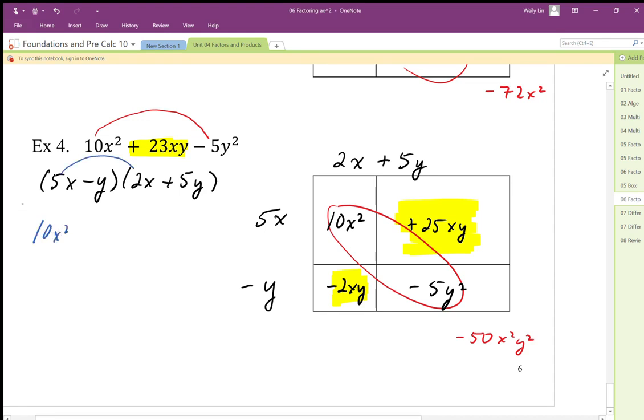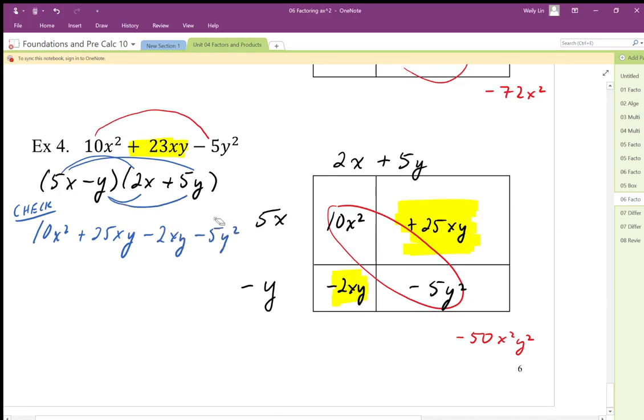10x squared, so I'm just going to show that this is my check. 10x squared plus 25xy. There's our 25xy right there. Minus 2xy. There's our minus 2xy here. Minus 5y squared.